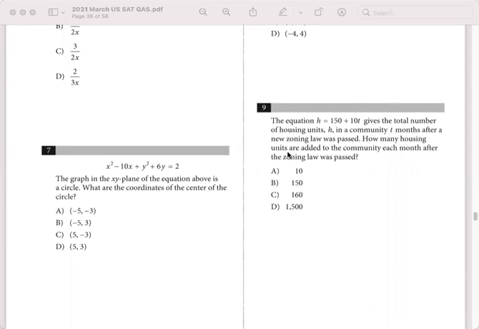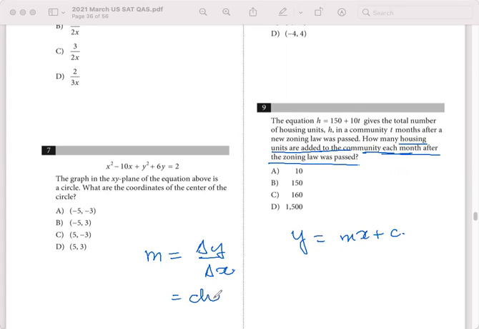So this is basically a way to interpret the standard form of the linear equation y is equal to mx plus c, right? So when you say how many housing units were added to the community each month after the zoning law was passed, they are basically asking you the value of m, because m is delta y over delta x, which means change in y for a unit change in x, right?